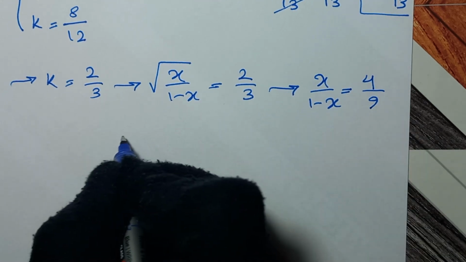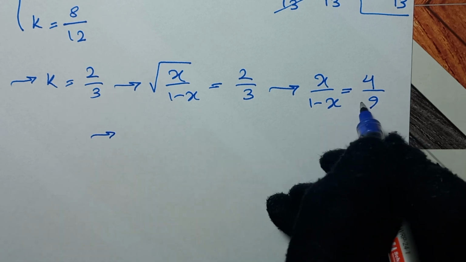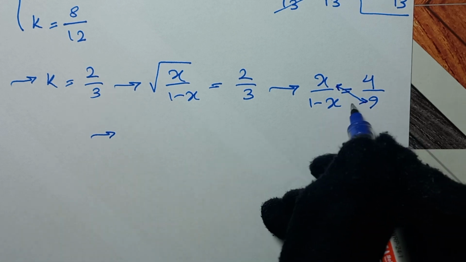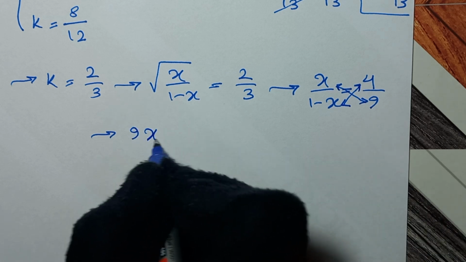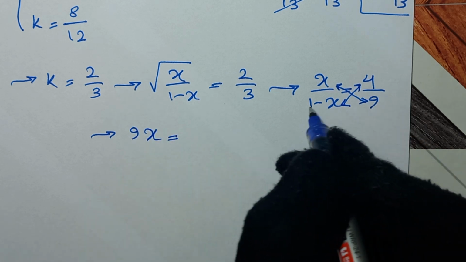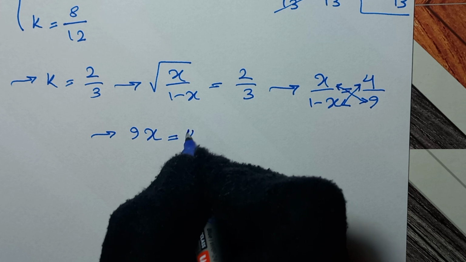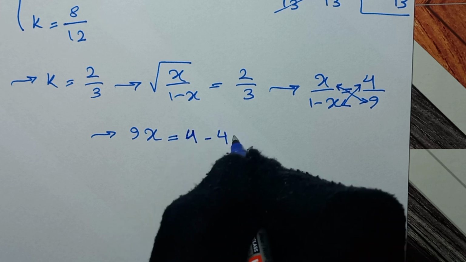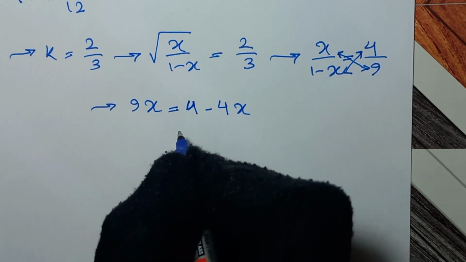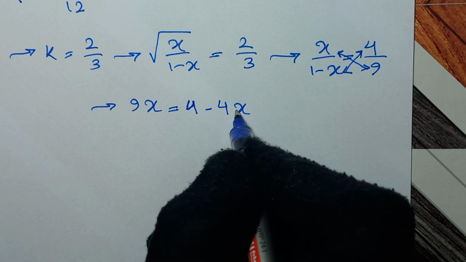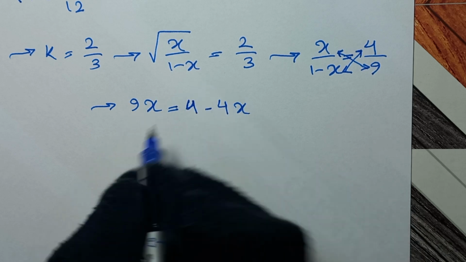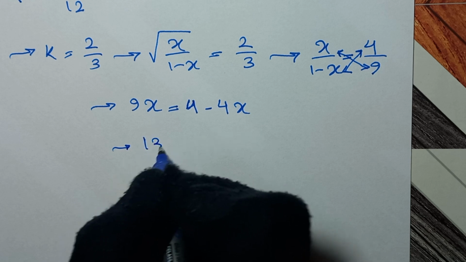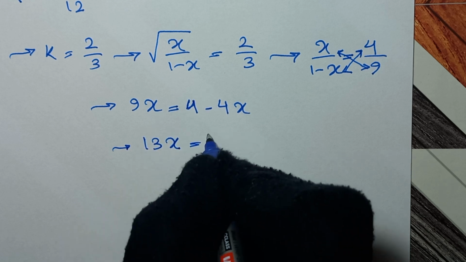So we use cross multiplication, this times this and this times this, so it will be 9x is equal to 4 times 1 minus x, which is 4 minus 4x. We take negative 4x to this side, so it will be positive 4x. 9x plus 4x, it will be 13x is equal to 4.